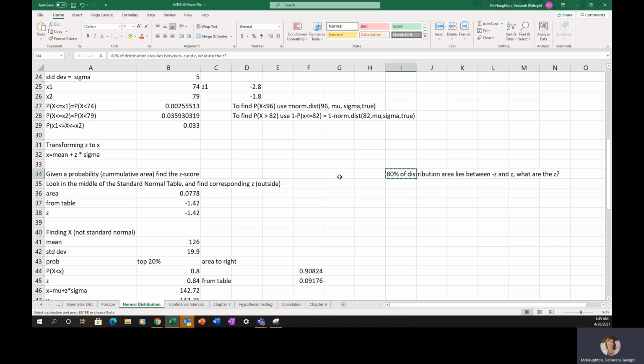Okay, and then if they give us something like this, let me just move this over a little bit. If they tell you that 80% of the distribution area lies between negative z and z and ask you to find the two z-scores, then in this case, I want you to remember, let me draw this out, that they're saying that 80% is in the middle of the normal curve.